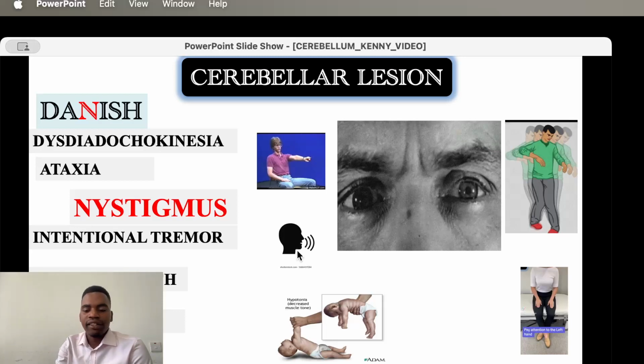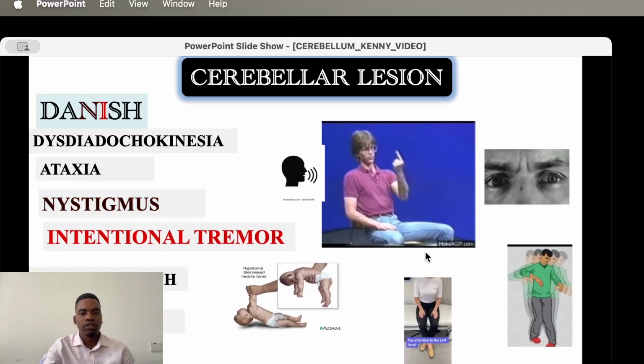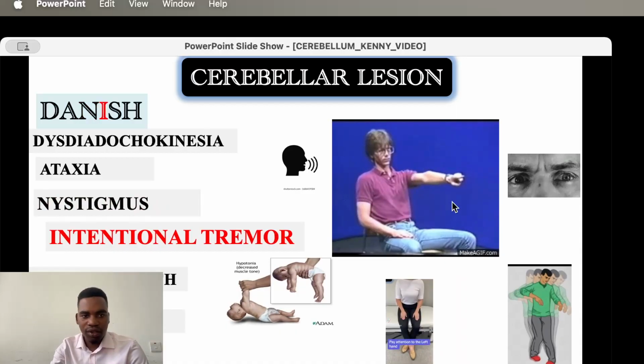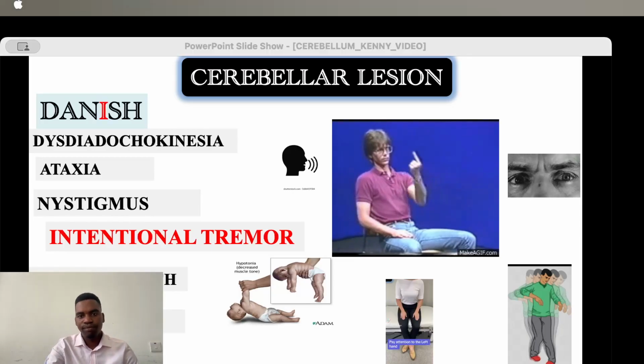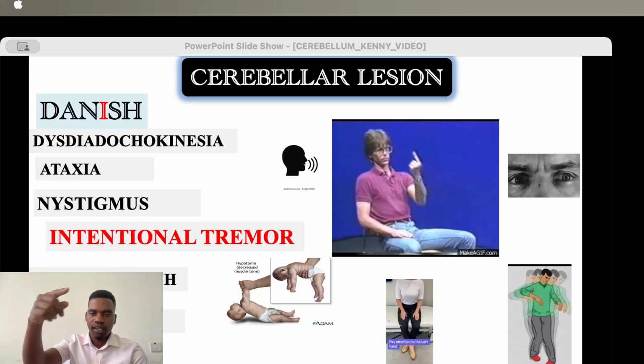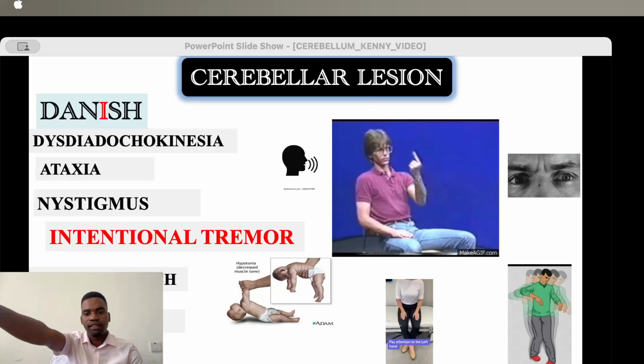I is for intentional tremor, and I want you to note the word intentional. Intentional means these people want to make some form of movement. For example, the man here is stretching his arm to reach for something, but the movement is there while the coordination is not.